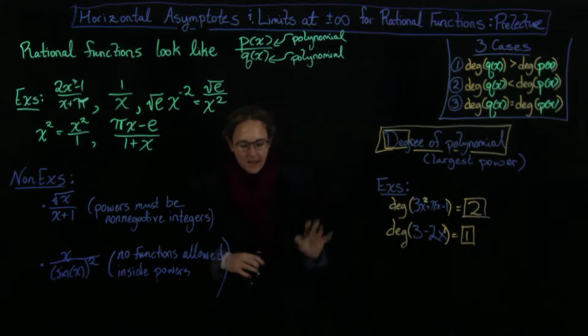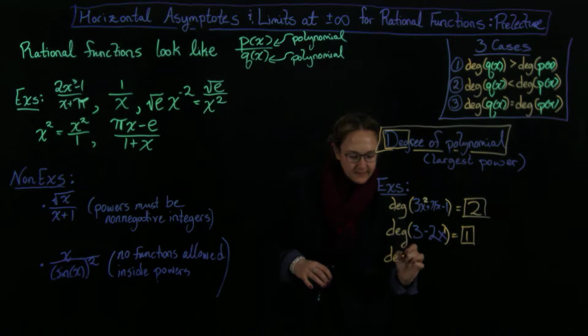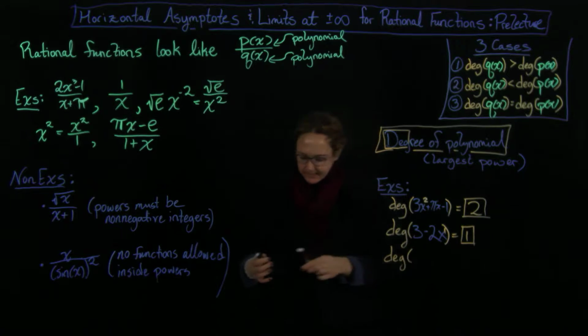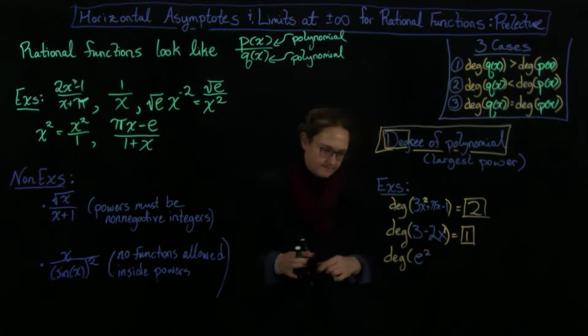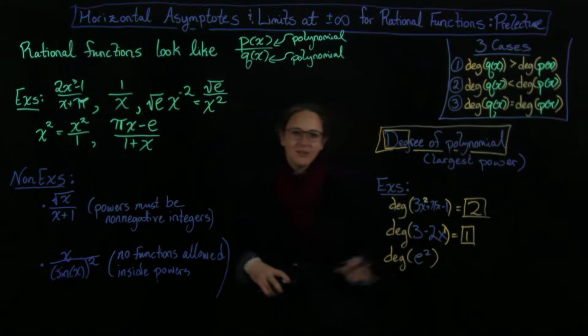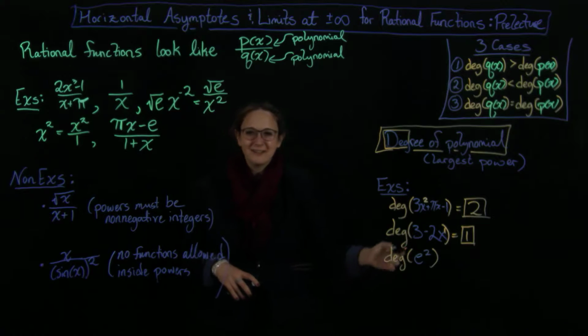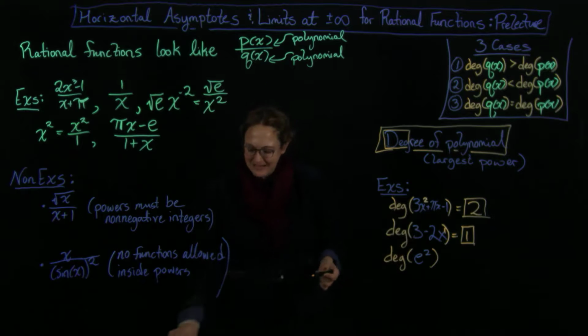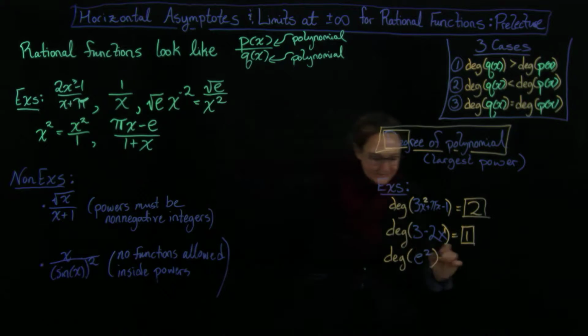And then as one last example, we're going to look at the degree of e squared. We're not going to get confused by that. You see a squared there, but it's not next to the x. I'm just squaring the constant, so I'm still getting a constant. So this is 0.